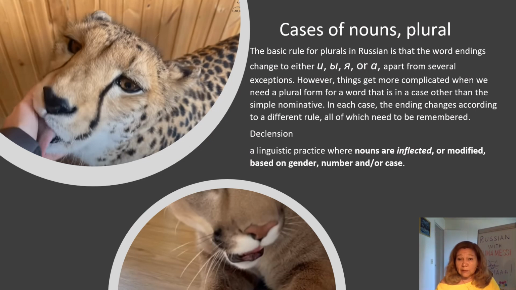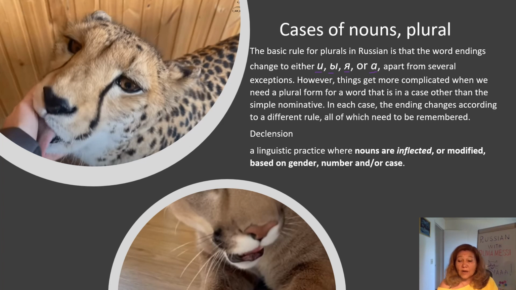Cases of nouns, plural. The basic rule for plurals in Russian is that the word ending changes to all these wonderful letters: I, U, Ya, or A. Of course, the Russian language has a number of exceptions, and you have to deal with exceptions on an individual basis. Whenever you run into an exception, you will need to realize that it's an exception, and then you'll form the plural.